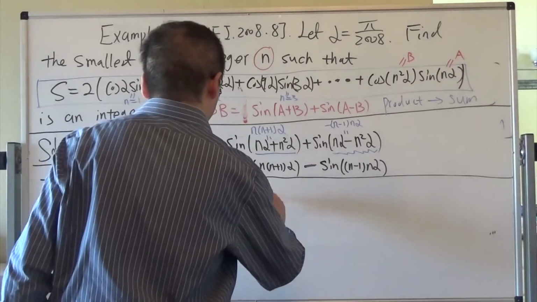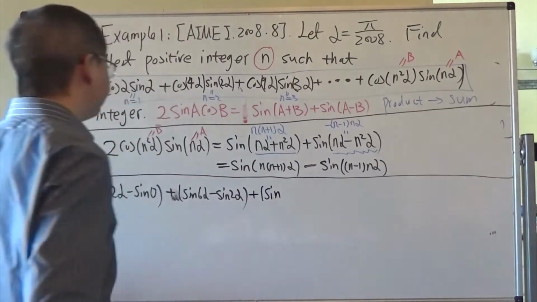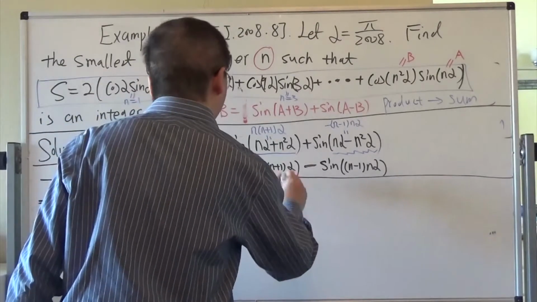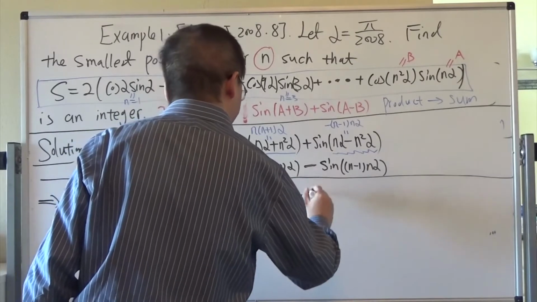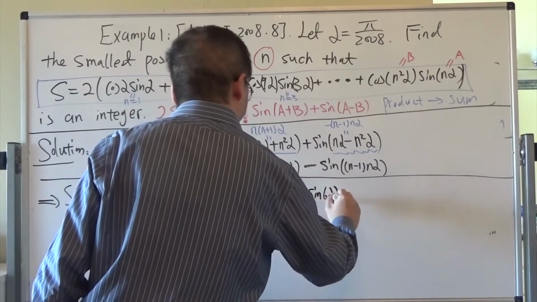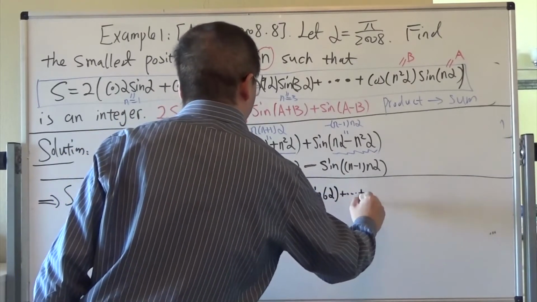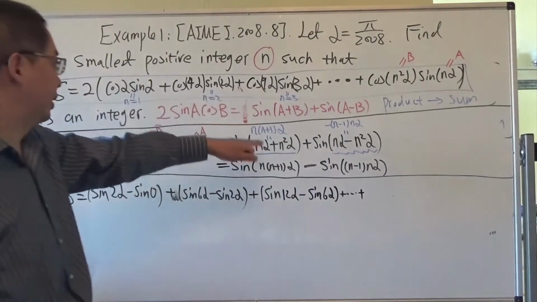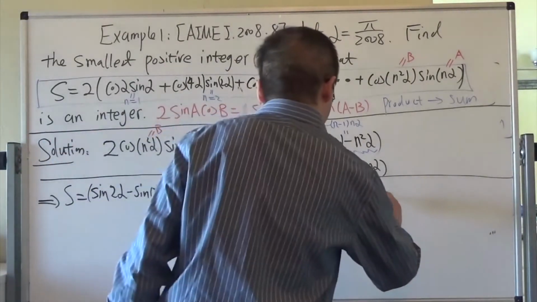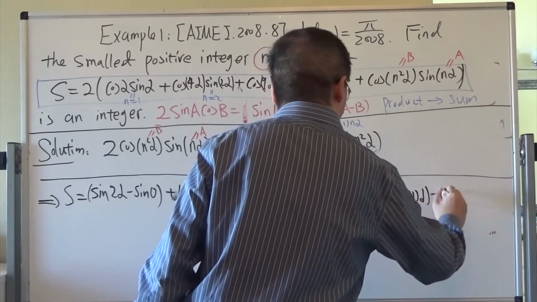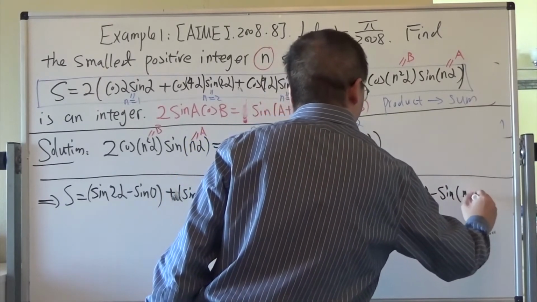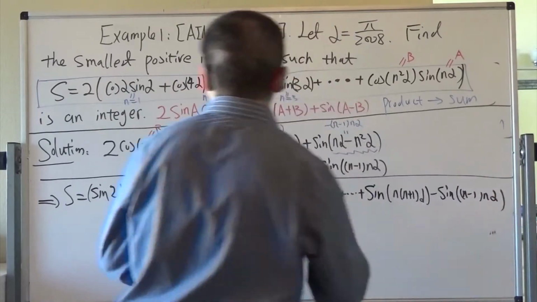And then for 3, we get sine of 12 alpha minus sine of 6 alpha. And go to the last one, sine of n times n plus 1 alpha minus sine of n minus 1 times n alpha. We just sum them up all the way.